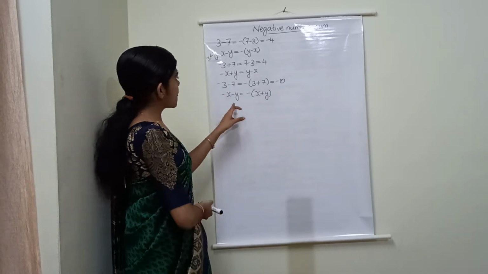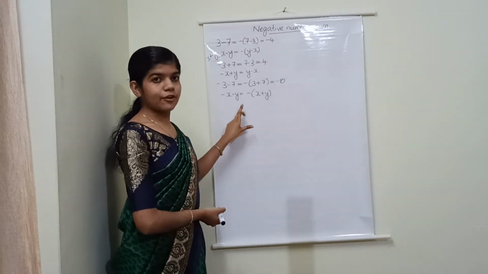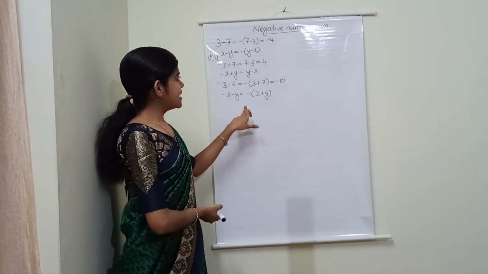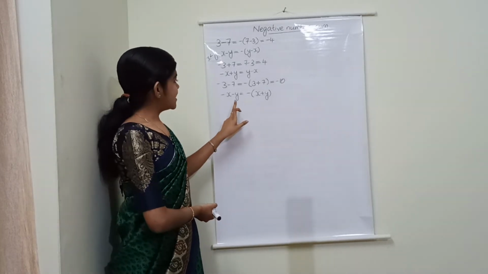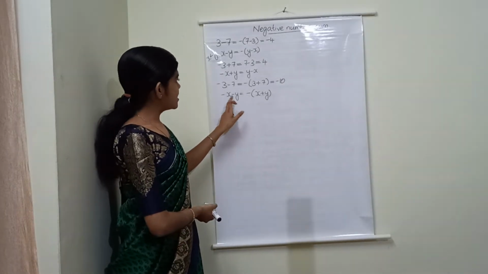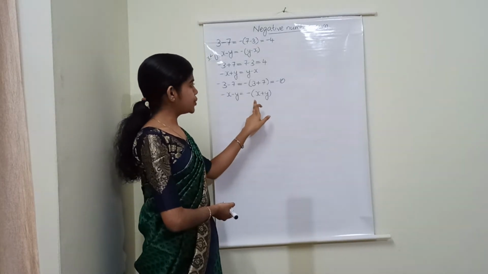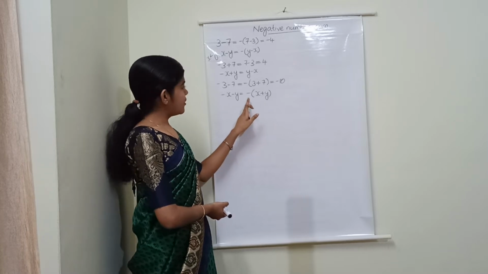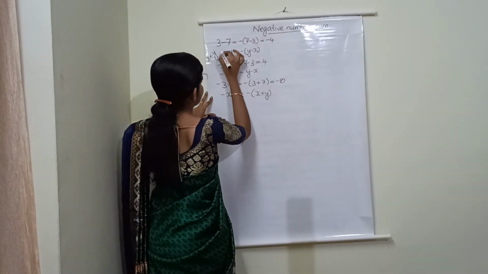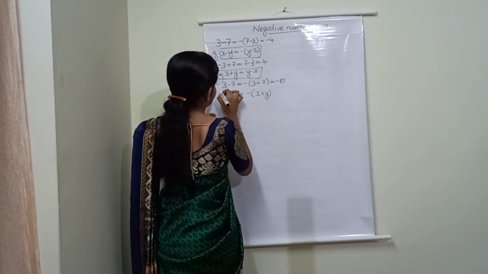That is, subtracting the second from the negative of the first means finding the sum x plus y and taking the negative. Okay. These three principles we have already studied in class 7.